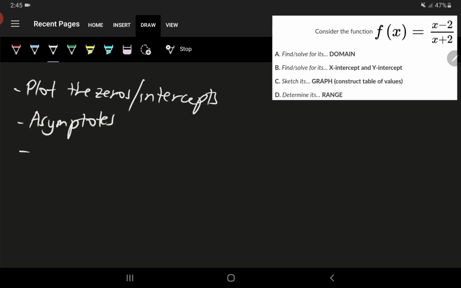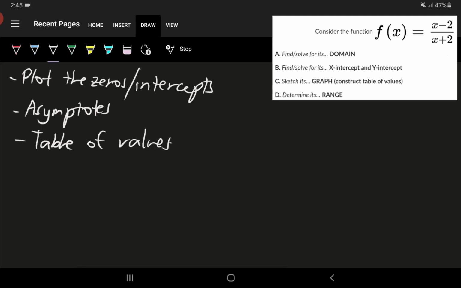And then next, dear students, this is just my addition, to make sure we have the appropriate or correct graph: I encourage you to construct a table of values for specific points. And that's it. So we have this given set of rules before we graph a given rational function.